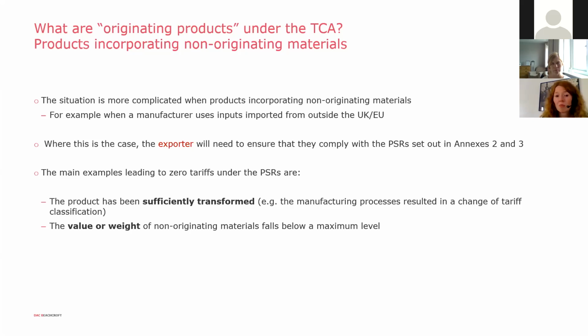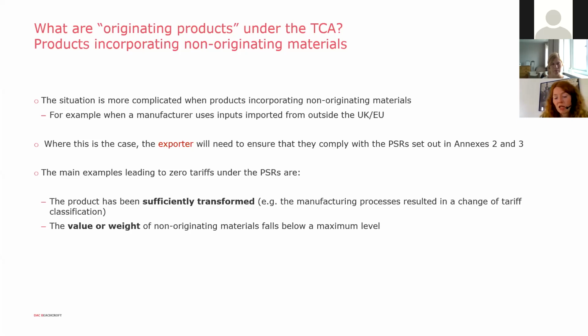The main example is the product has been sufficiently transformed. In other words, the materials have been transformed into something that results in a change of tariff classification. So if you have different inputs for a car, then the car itself will have a different tariff classification from the inputs. That would obviously be sufficient transformation.